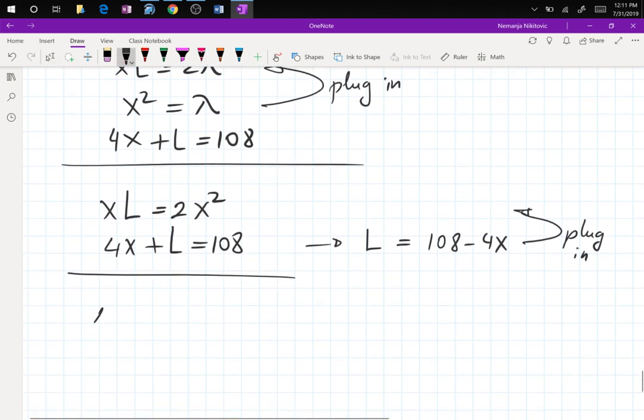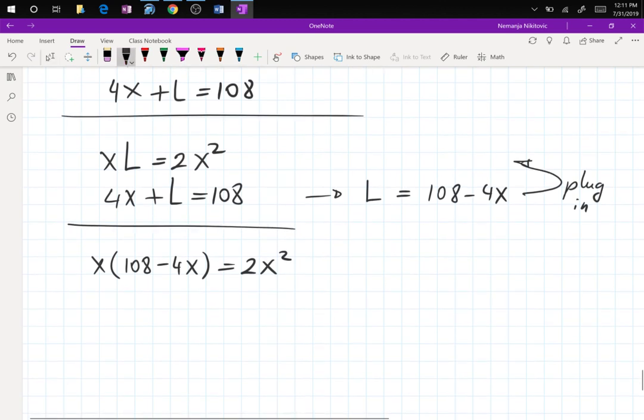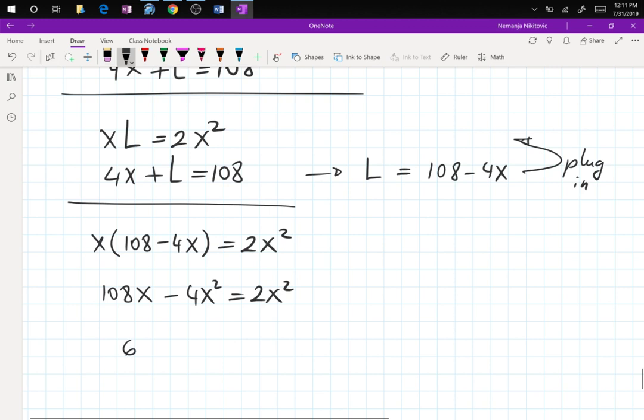So now it's x times 108 minus 4x is equal to 2x squared. That's 108x minus 4x squared is equal to 2x squared. 6x squared is equal to 108x.